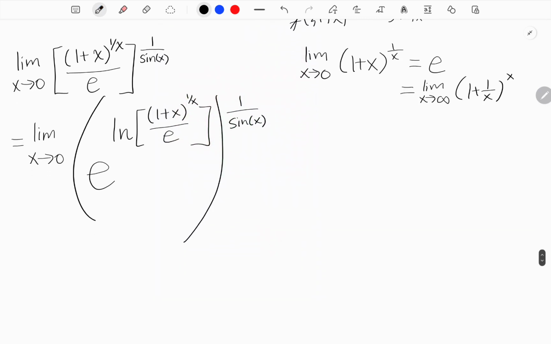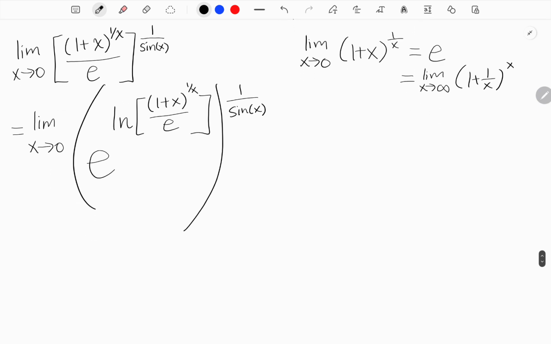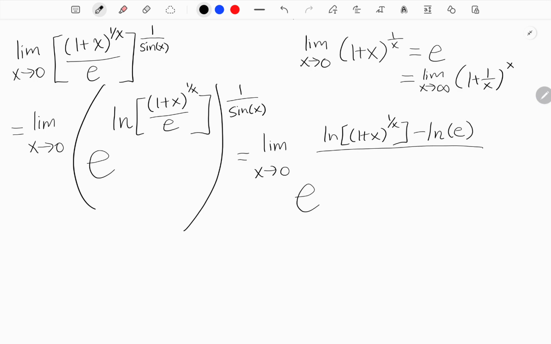So this is equal to the limit as x approaches 0 of e to the ln of (1 plus x) to the 1 over x, minus ln of e, and then all over sine of x. Okay, so far I didn't use any L'Hopital's rule. I'm just algebraically rewriting this expression into something else.